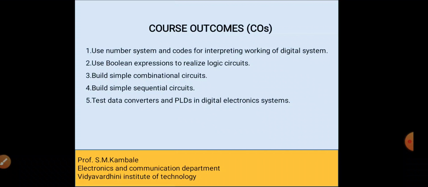Here we will see the various combinational circuits such as adders, subtractors, then encoders, decoders, multiplexers, demultiplexers, and one of the most useful reduction techniques, the Karnaugh map, which is also called the K map.